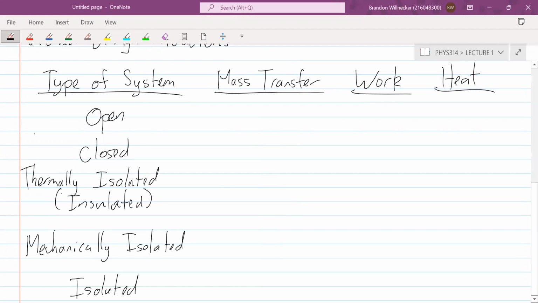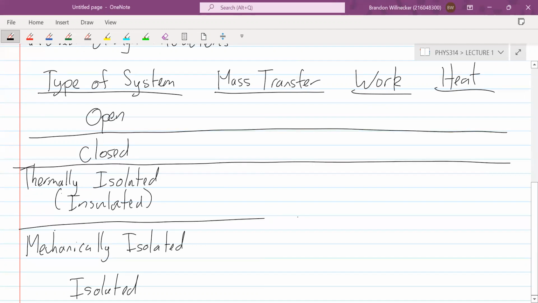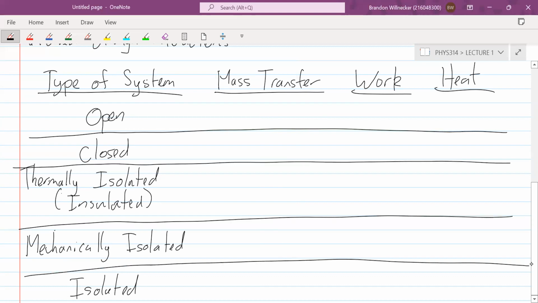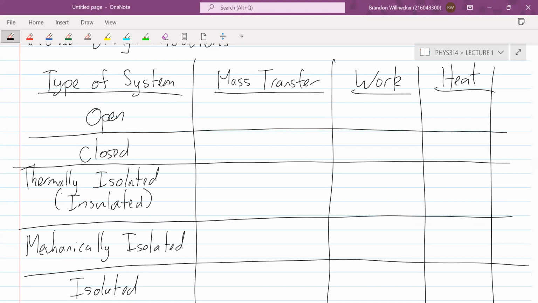Let's put in our columns and rows. For an open system, we allow mass transfer, we allow work to be done both ways, and we allow heat transfer. So all three are allowed, and we call it an open system.